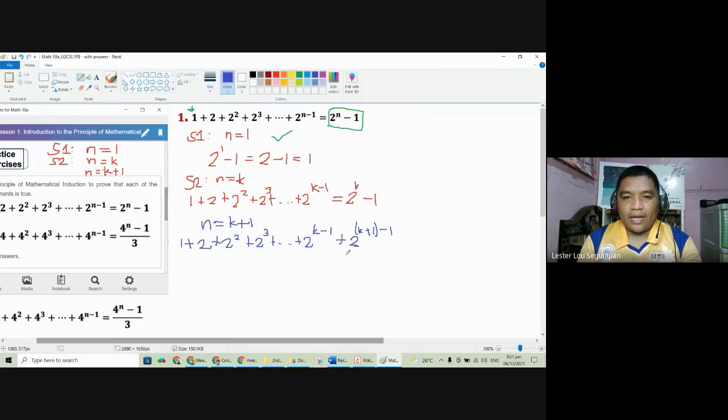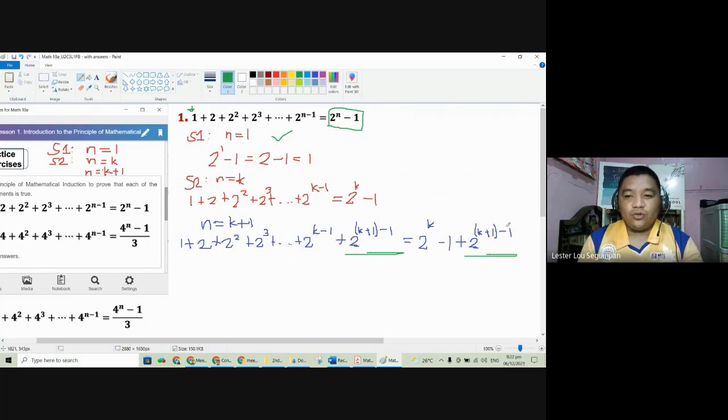We are going to add the same expression on the right hand side, which is originally 2 to the power of k minus 1. This is the expression that we are going to show later as true, so this is the expression that we are going to manipulate later on.